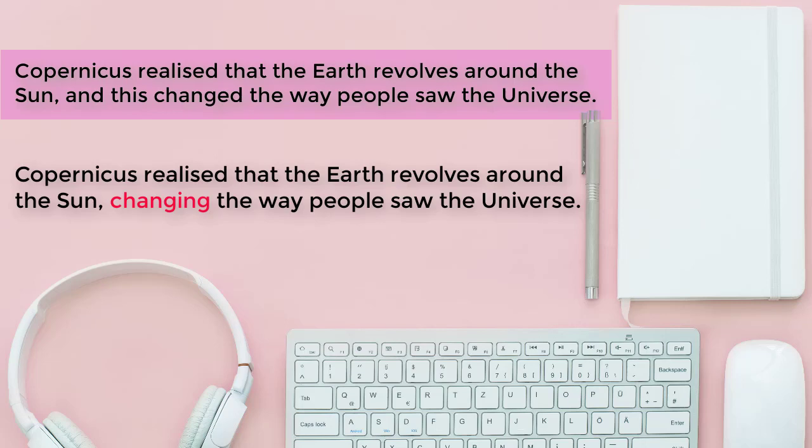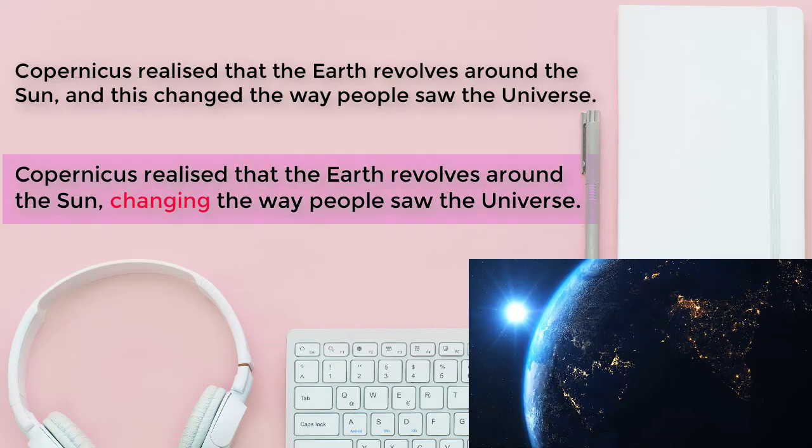So this is a normal sentence, it's okay, but to vary your language and to vary your grammatical constructions, you can say something different. So you can use the verb plus ing instead of "and this changed." So the sentence would be like this.